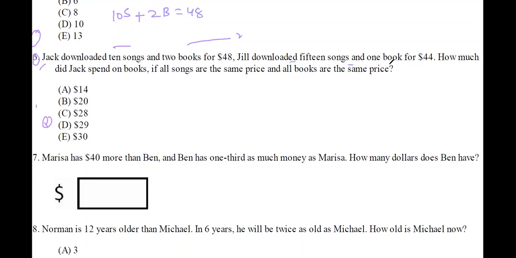Jill downloaded 15 songs and 1 book for 44, right? How much did he spend on a book with all the songs? So now you would be solving this simultaneously. Did you do this? Is it 20? Then substituting this, you're getting 20.